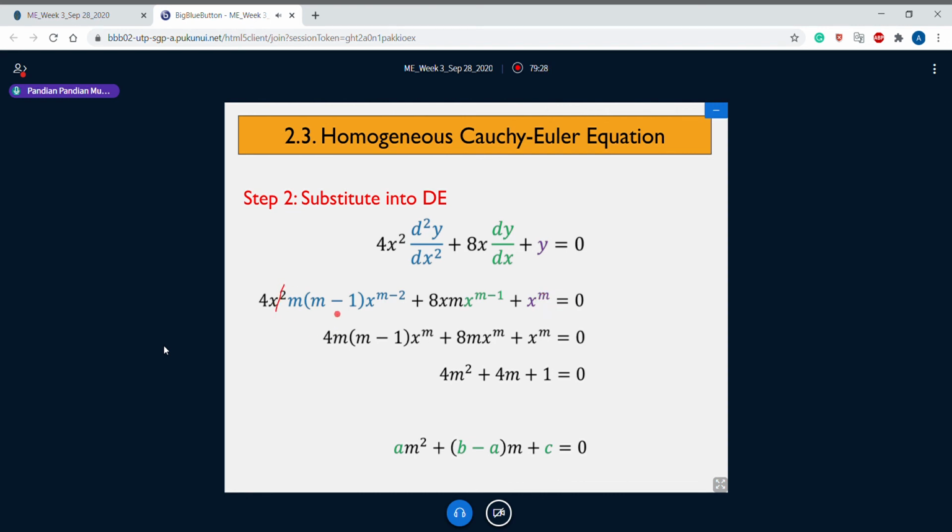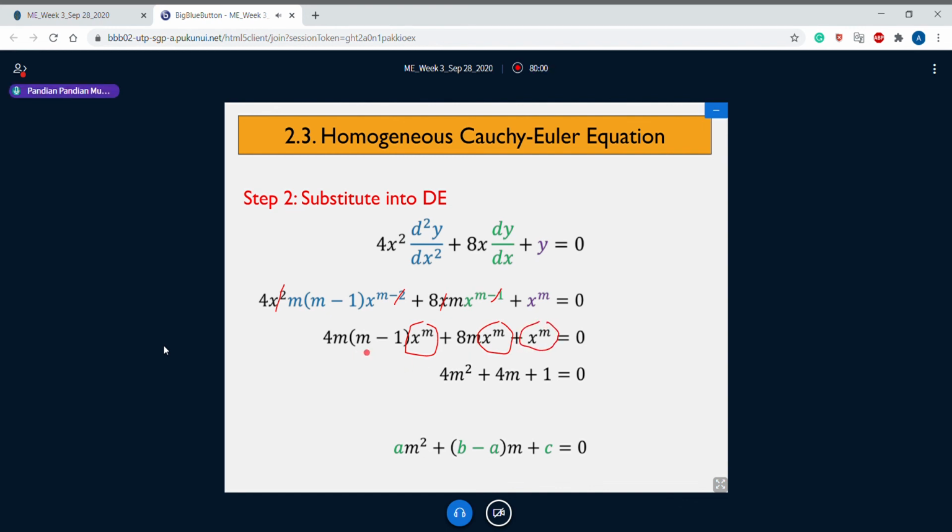So this x squared can cancel off. This x can cancel off. So the remaining term is 4m(m minus 1) x to the power m plus 8m x to the power m plus x to the power m equals 0. Now, this x to the power m, you can take out, you factorize.